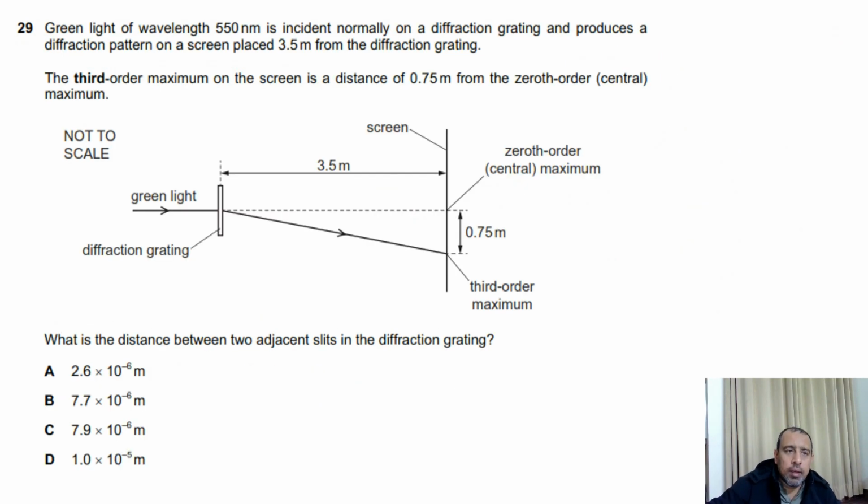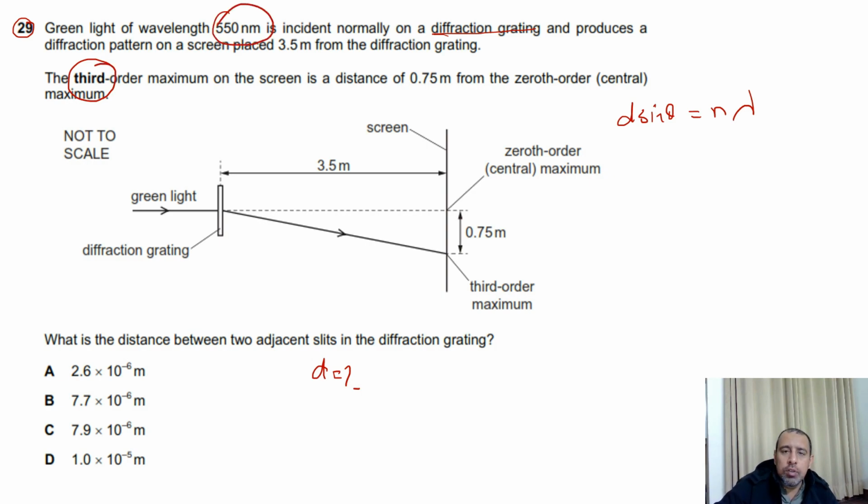Question number 29. This question is related to the diffraction grating. You have to find the distance between two adjacent slits, means d is required. From the relation, d sine theta is n lambda. d is required, n is the third order, and the wavelength is 550.